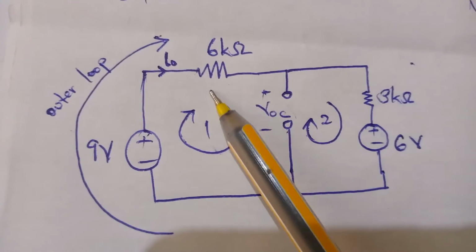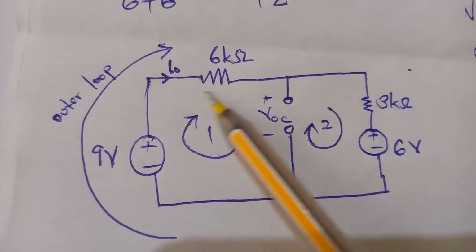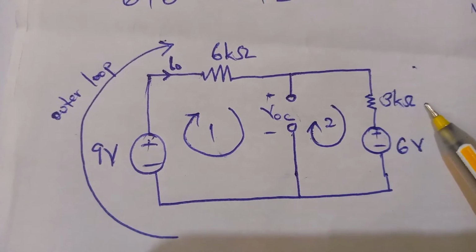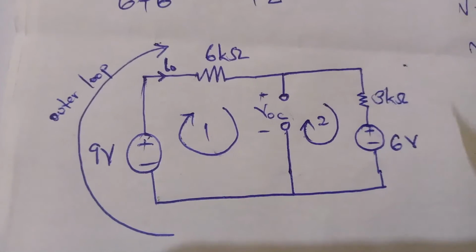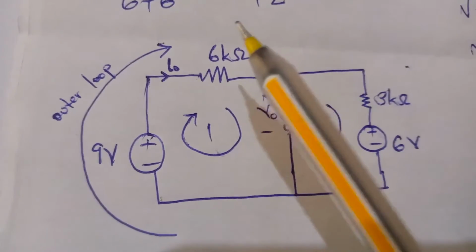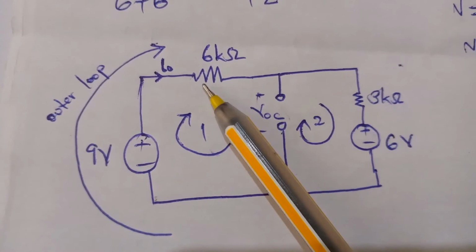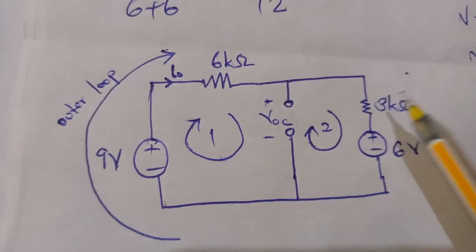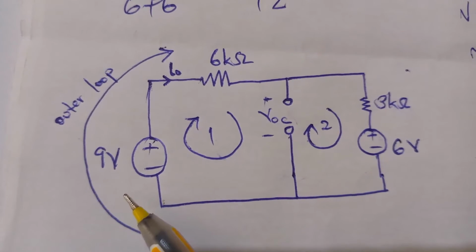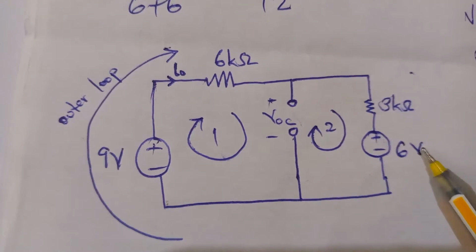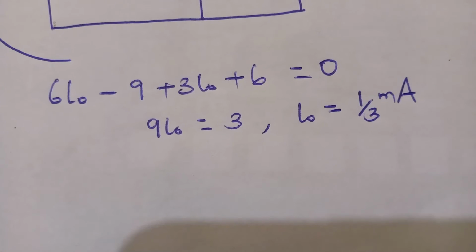As the current is flowing from this side to this end, the same current will pass through the 3 kilo ohm. Now, taking this outer loop, it gives us the entire current through the overall circuit, which implies 6I naught plus 3I naught minus 9 plus 6 equals 0 using KVL.